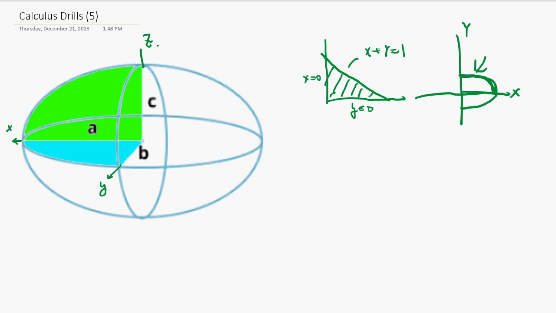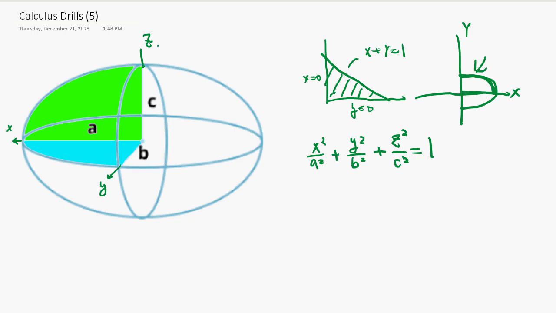The height is z, and the equation of the ellipsoid is going to be x squared over a squared plus y squared over b squared plus z squared over c squared equals 1, right? And z is the height.